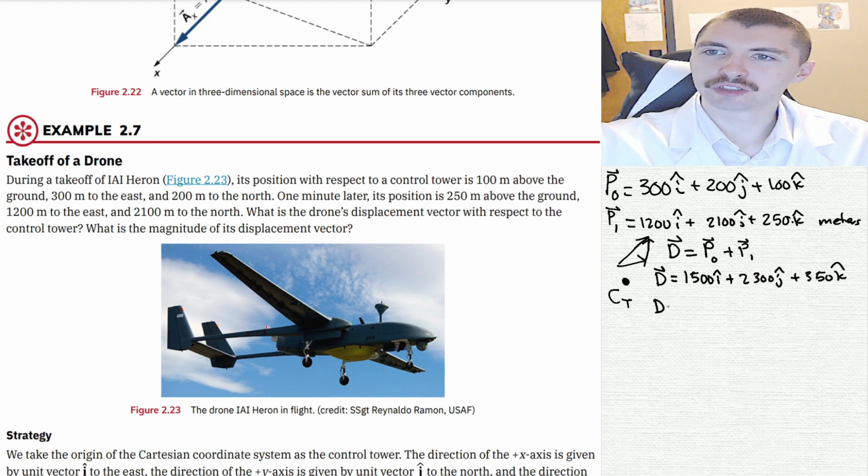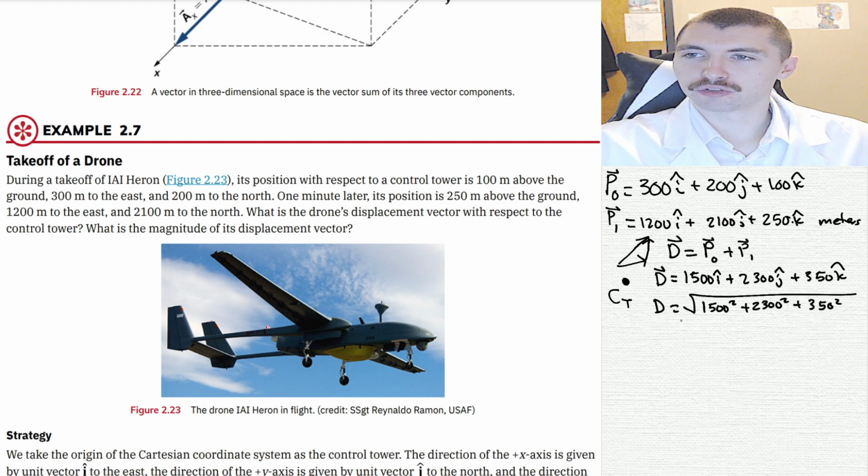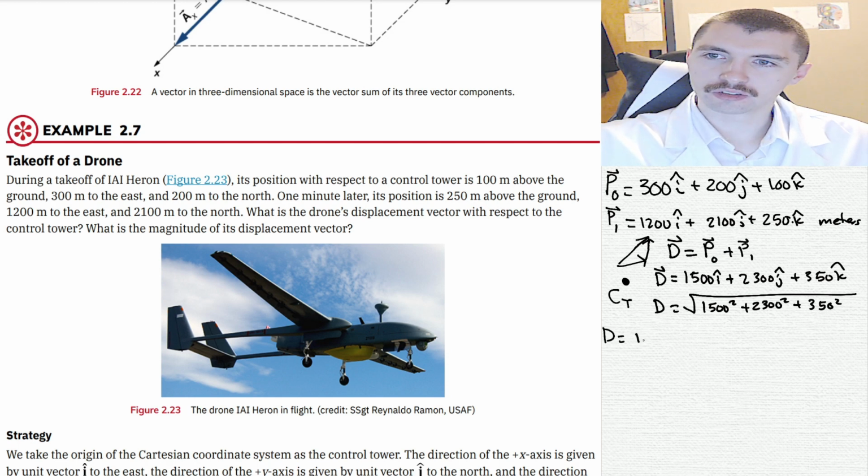Now the displacement is going to be the square root of 1500 squared plus 350. So this is where we borrow from our earlier chapters. So we're going to say this is 1.5 times 10 to the 3, plus 5, so it's 10 to the 5.